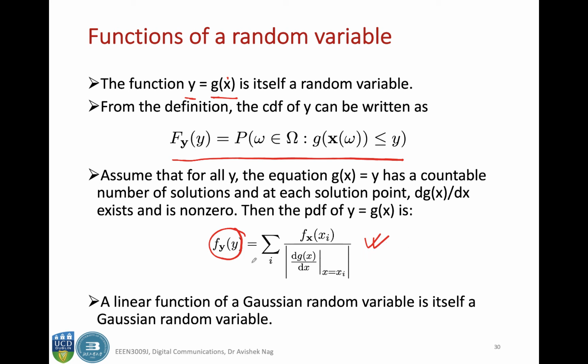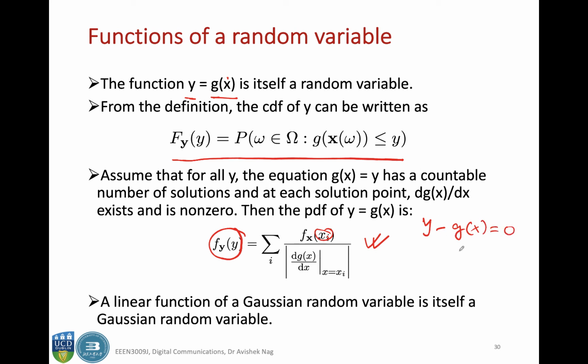So basically the PDF of y is the sum over all i of f of x at xi. So xi, basically, these are the different solutions of y minus g of x equal to 0.